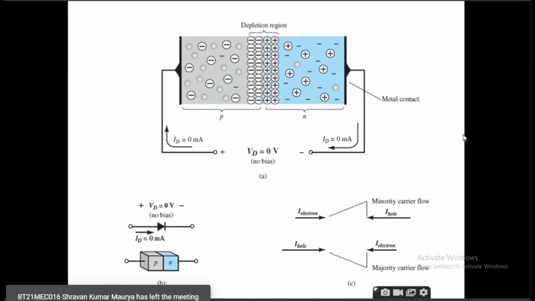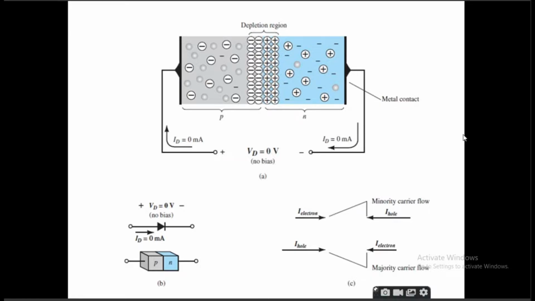Then you have seen that there are certain immobile ions present in both regions, and in between these two sections, the P and the N region, there is a junction. This junction is called the depletion region because here we don't have any mobile charges. There are charges, but these are all ions.